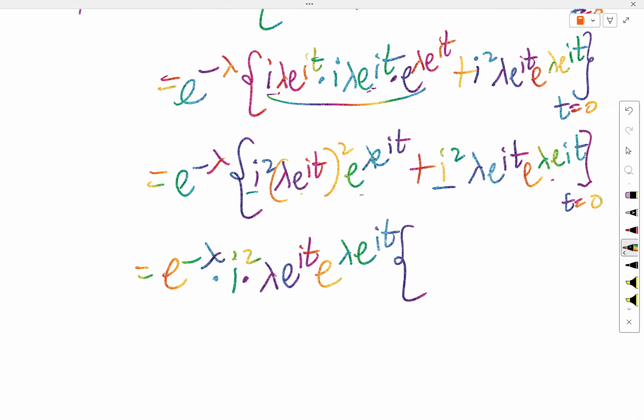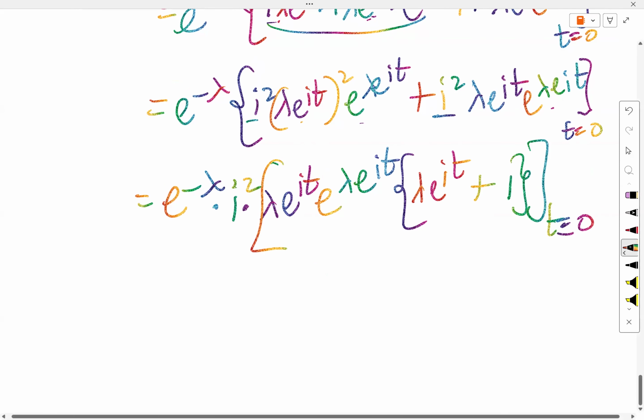So at the end of the day, we have i squared is out. Then one of this is out. So we have lambda e raised power it left inside here. All right. Then this is out. i squared is out. Lambda e raised power it is out. Then this should also be plus 1, I believe. And of course, we can still have this to be evaluated at 0 because all these things still contain t.